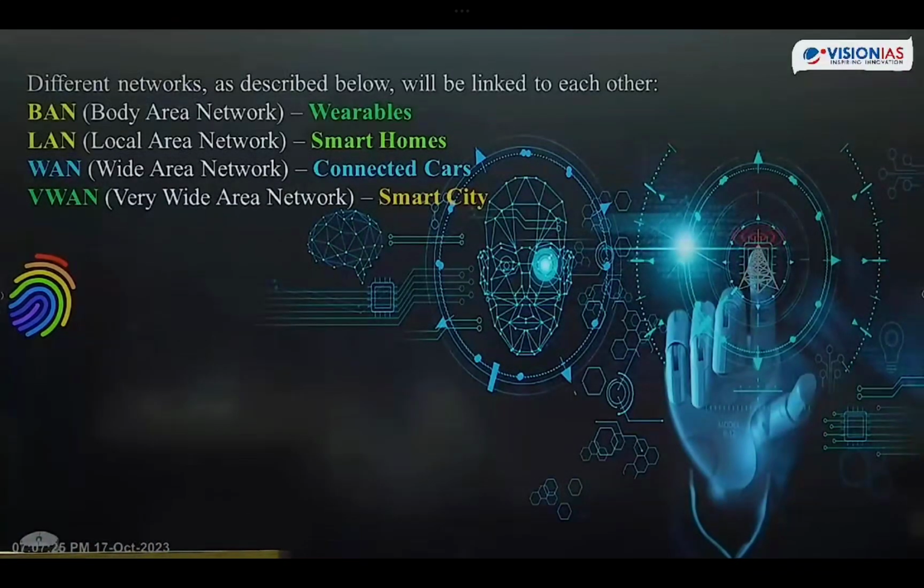That is body area network, that is wearables. Wearables means smartwatch, smart shoes, etc. Next is local area networks. Local area networks include smart homes.